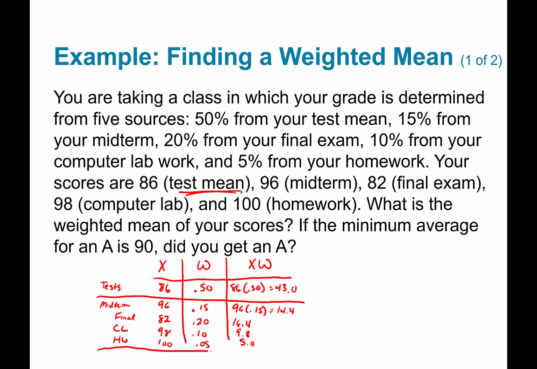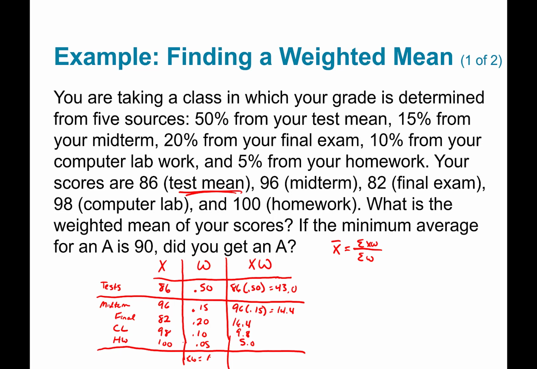Now, thinking about your formula, the weighted mean is the sum of these products, x times w, divided by the sum of the weights. So we need the sum of these last two columns on our table. The sum of the weights, in this case, adds up to 1.